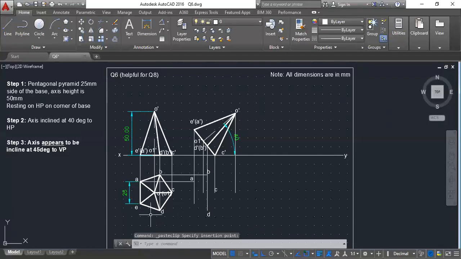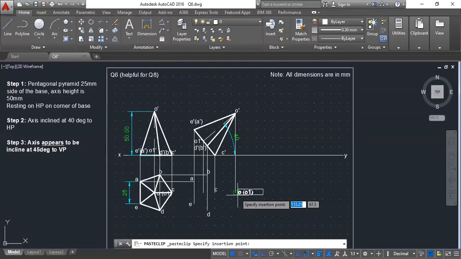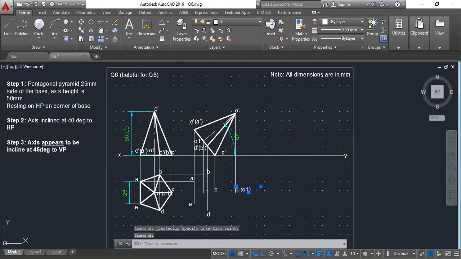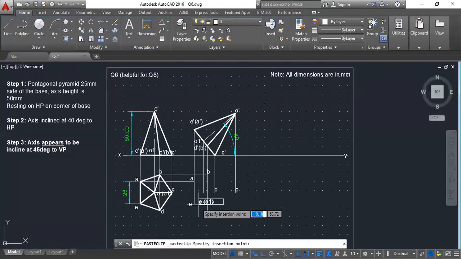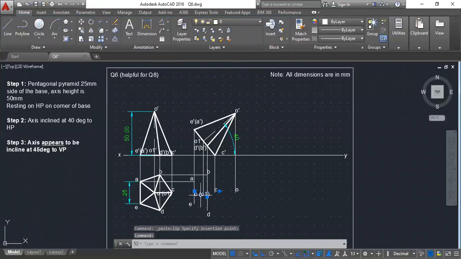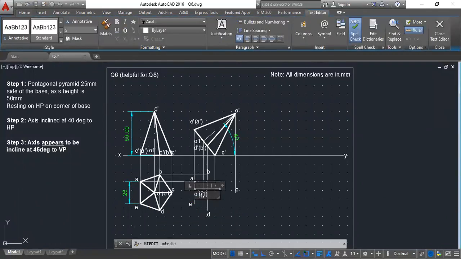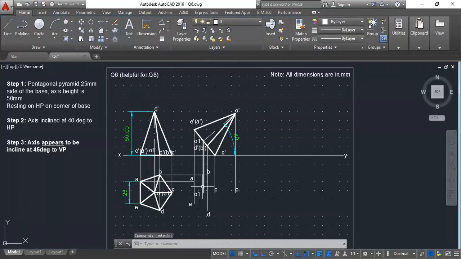So this is D. This is E. This is my O. And this point at the center is O1.